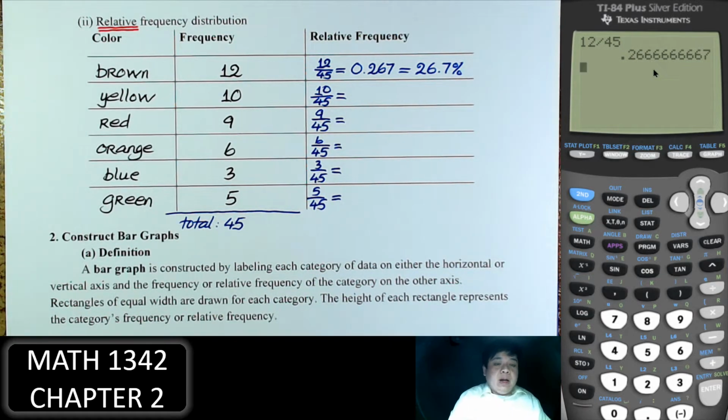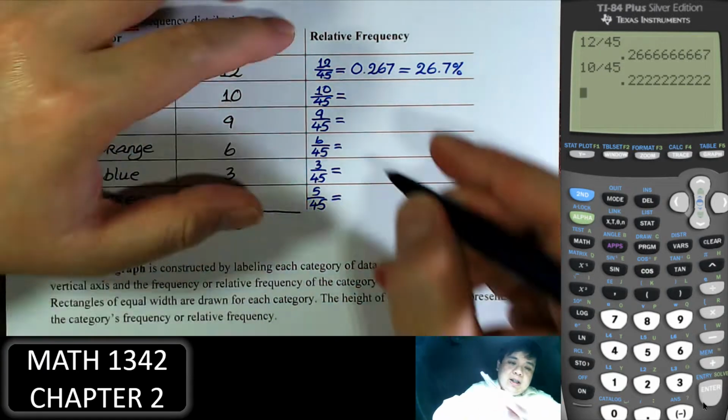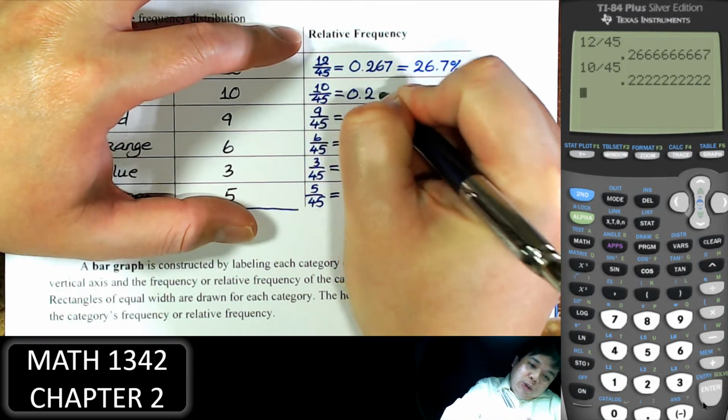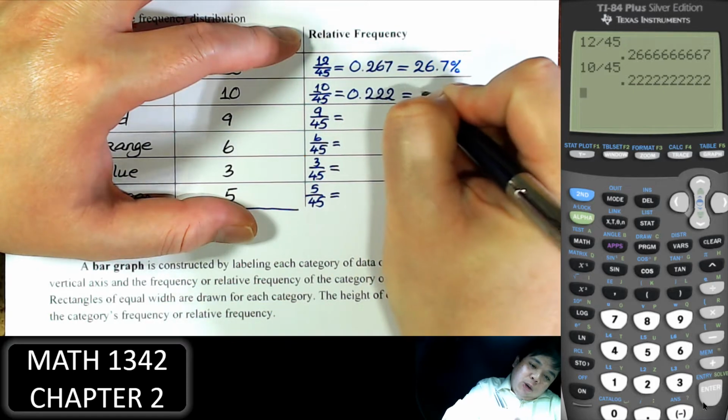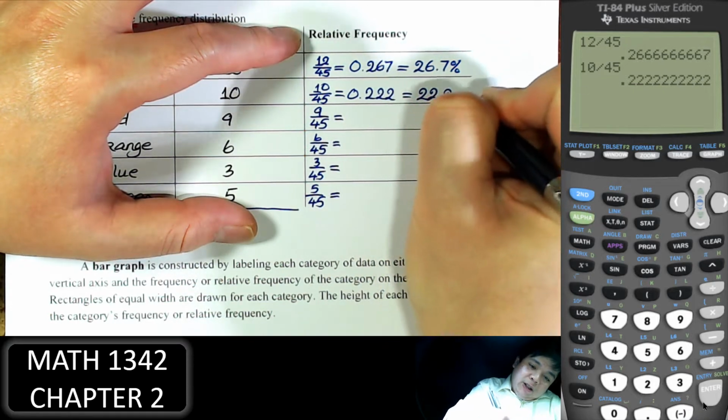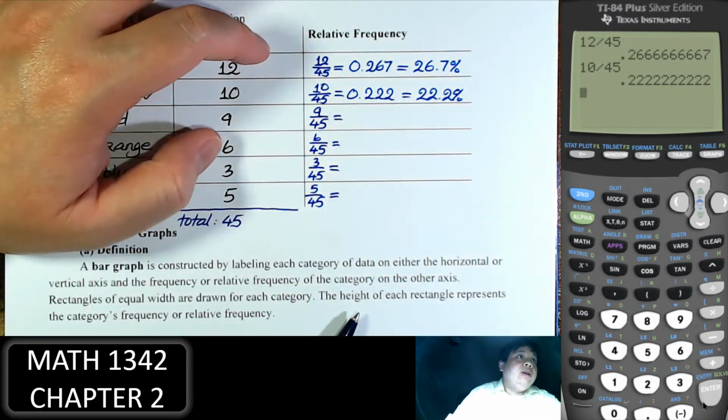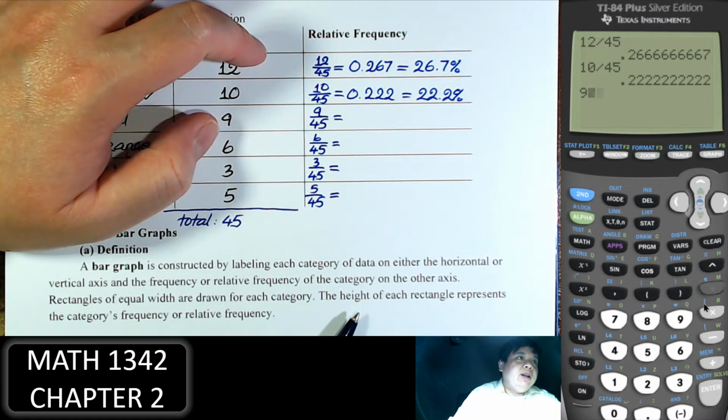Make sure to pay attention to how many decimal places they want. That's 0.222 or 22.2%. 9 over 45, that is 20%.